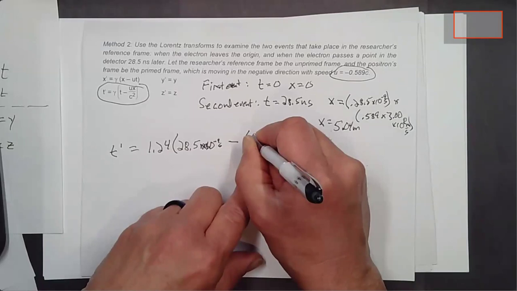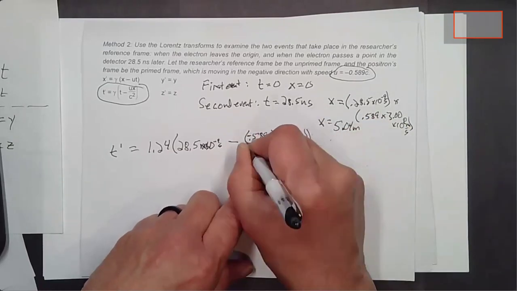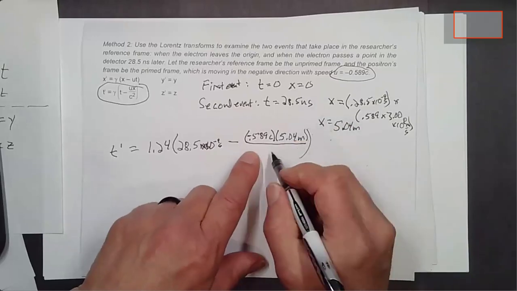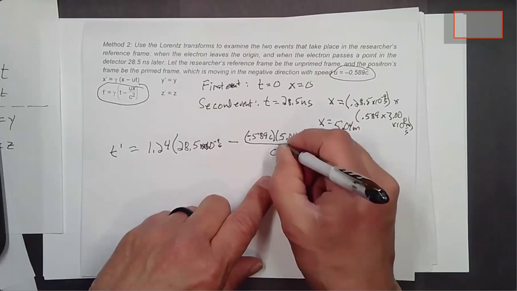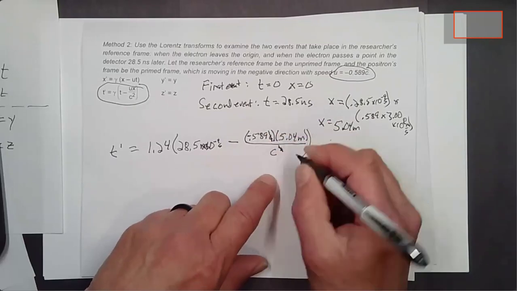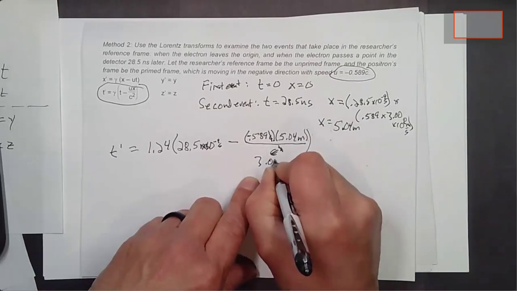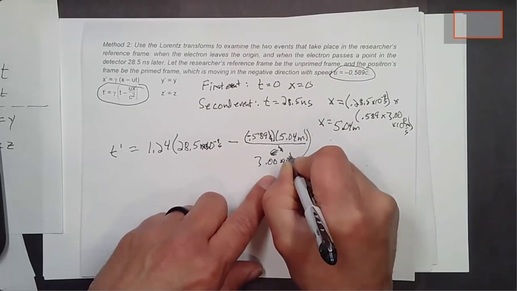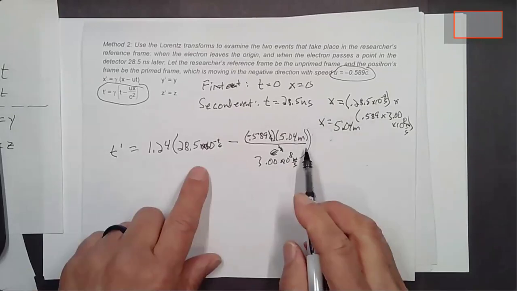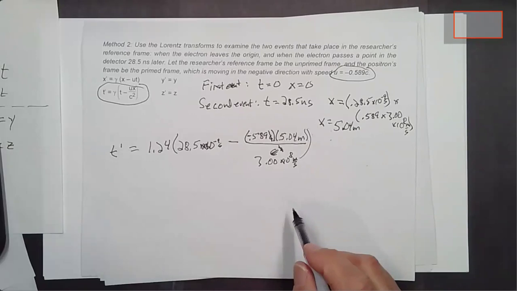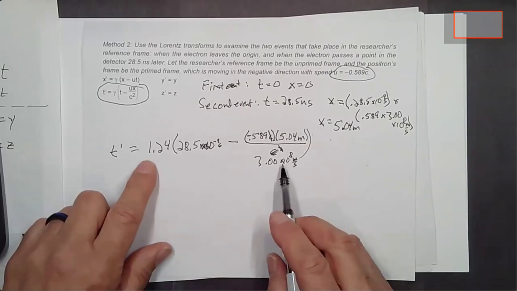Oh, this is negative here. So almost forgot that. And then I'll be dividing by c squared. But there's a c here, and so I'll be dividing by just c, which is 3.00 times 10 to the 8th meters per second. Then I'll have seconds on here, which I can probably figure out in nanoseconds if I'm smart.